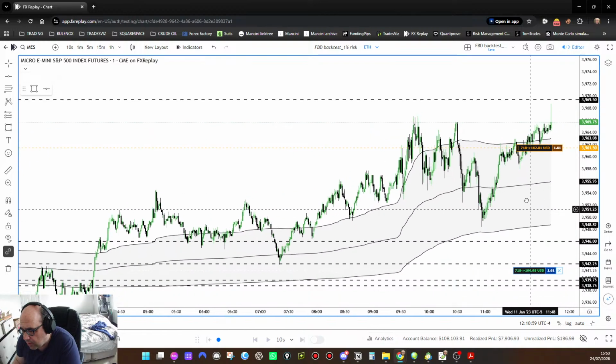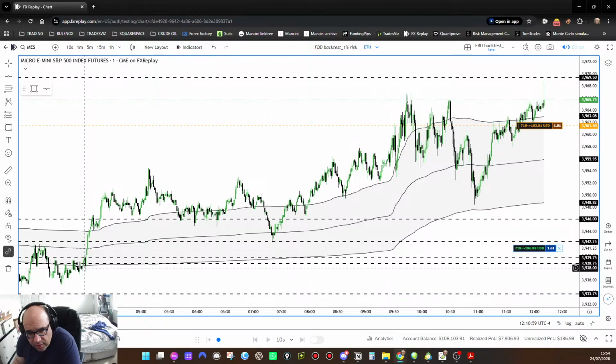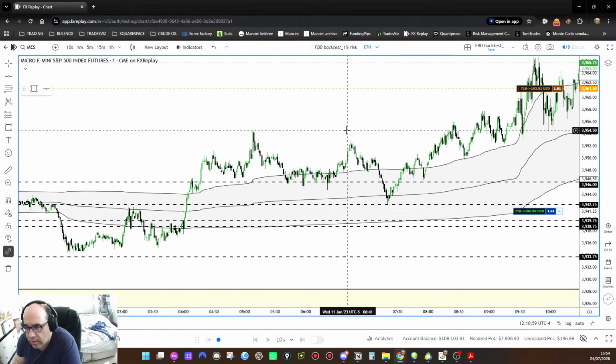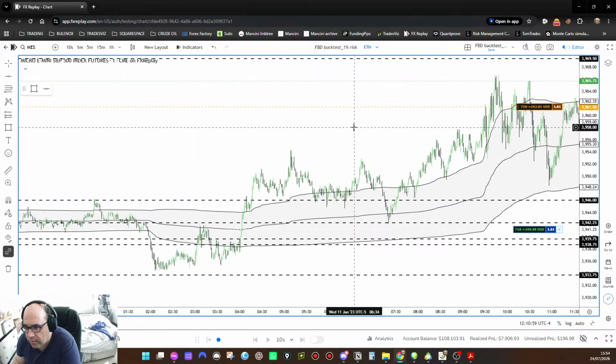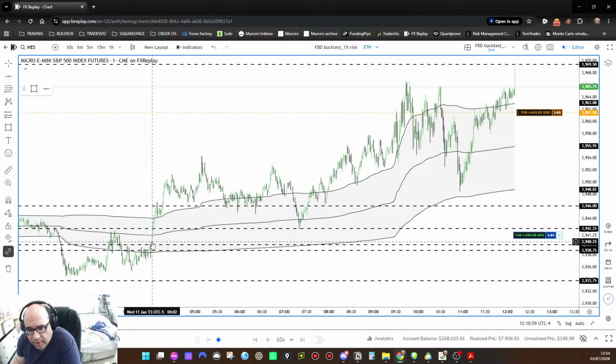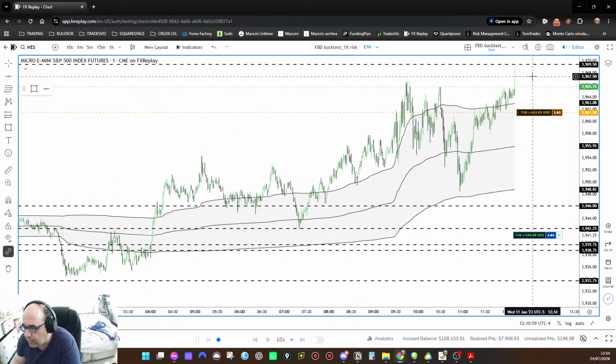Okay. So this is our entry here overnight. I think it was, yeah, right here. It came down, tested, and went all the way up now.